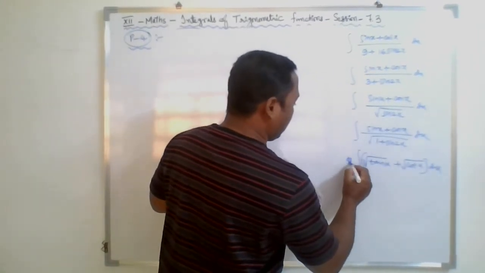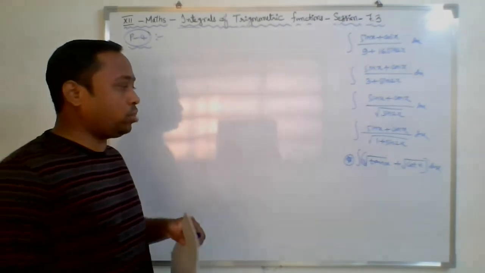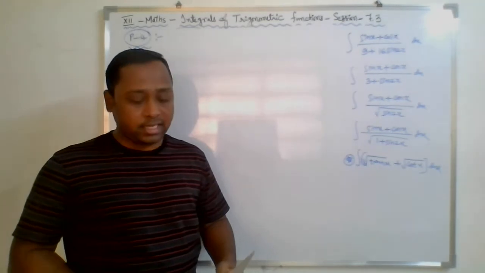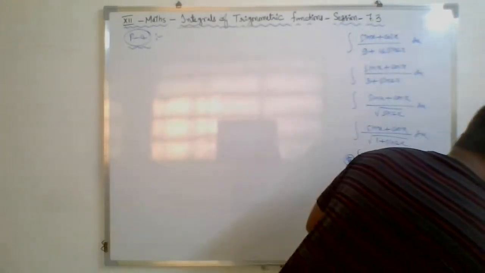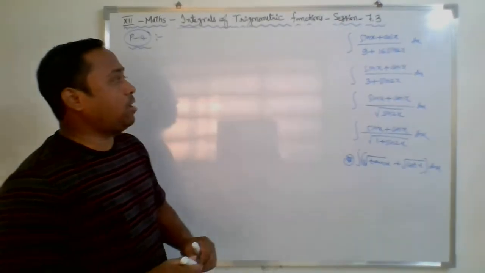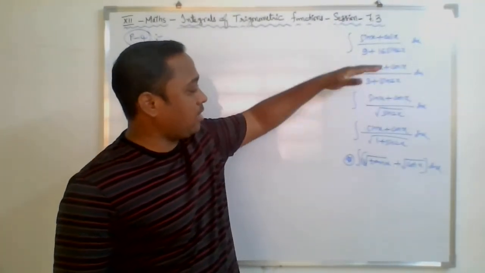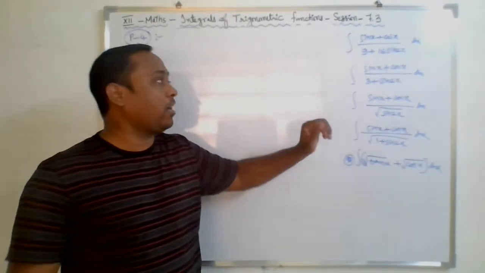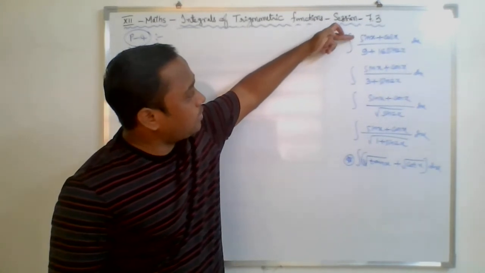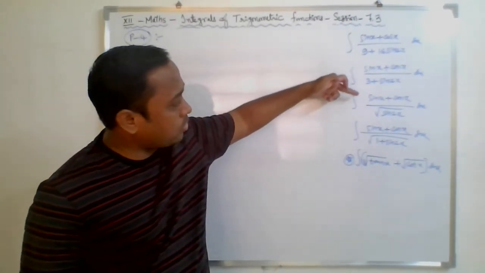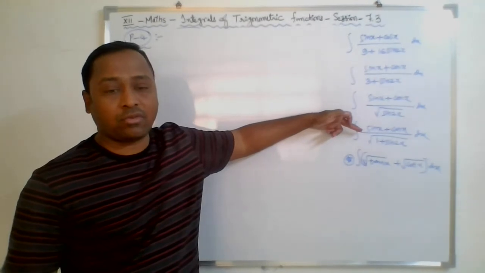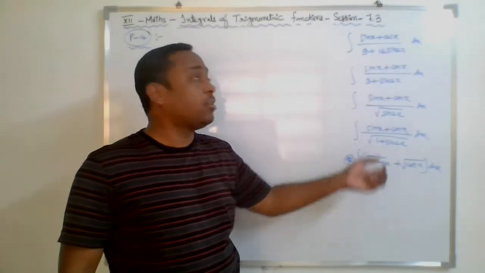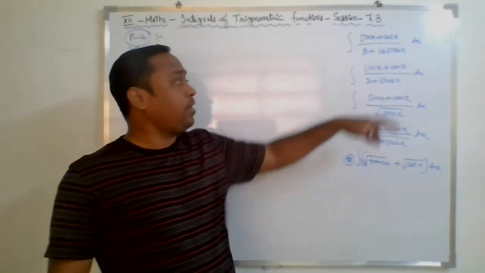This question is asked frequently in boards. You will find this question in the miscellaneous exercise, solved examples, and some in the exercise. What the pattern 4 is about: in all these numerators, once you convert them into sin and cos, they will also fit into the same pattern. In the numerator you will see sin x plus cos x, and in the denominator, the common factor is sin 2x.